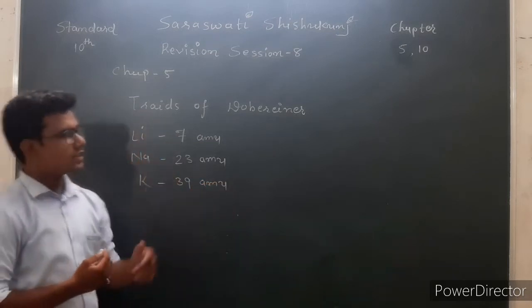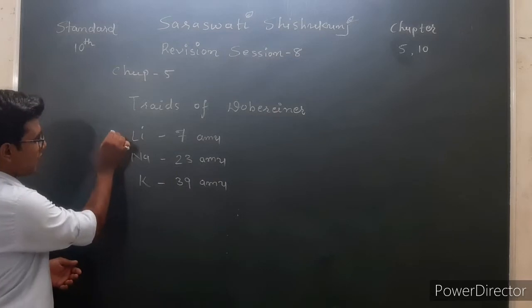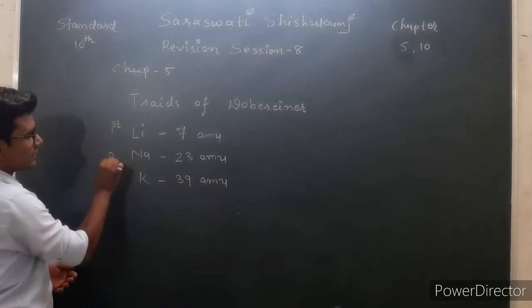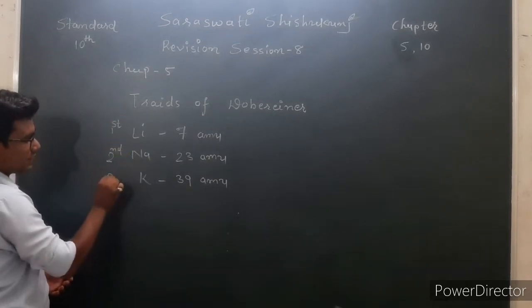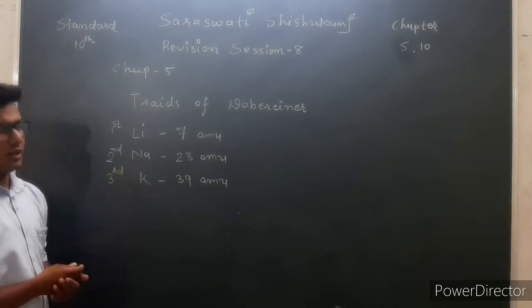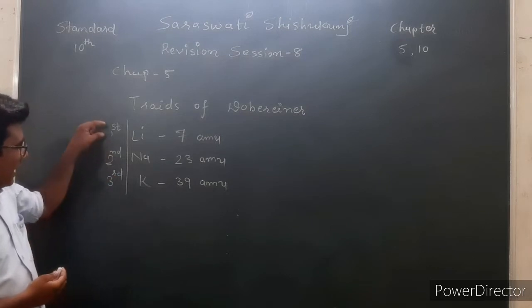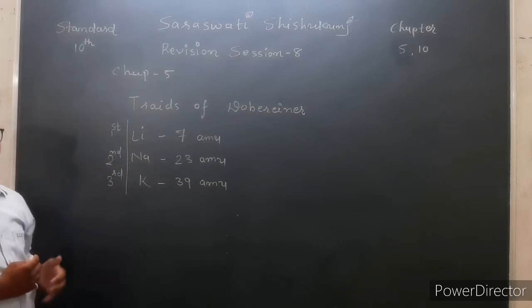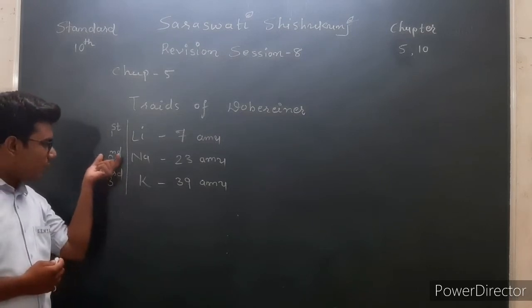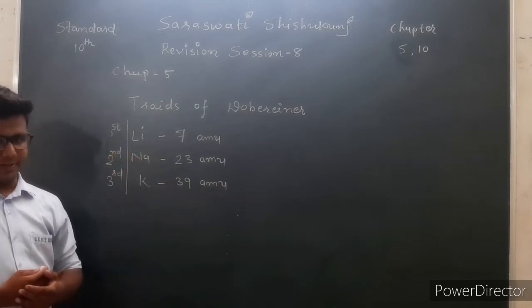Now according to triads of Dobereiner, this is our first element, this is the second element, and this is the third element. According to this law, the average of the first element and the third element will be equal to the atomic mass of the second element.